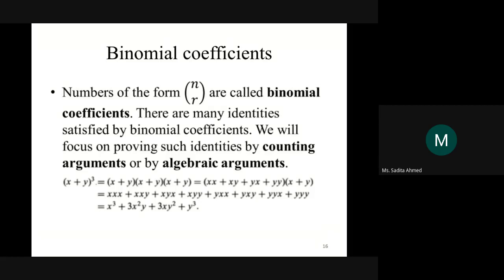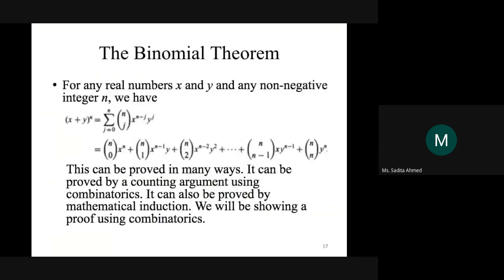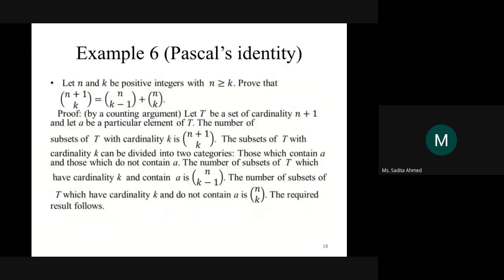All right, and that is what you should focus on for practice as well. However, it's also possible to do it using binomial theorem. We'll see examples of that as well, but later on. First, we'll look at examples where we prove an identity using counting arguments, and then using algebraic manipulation.